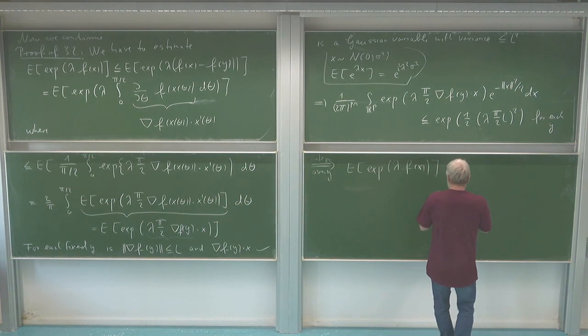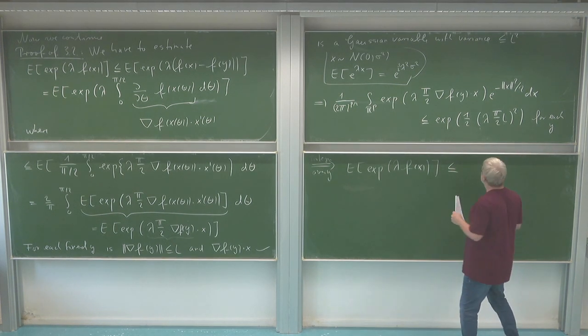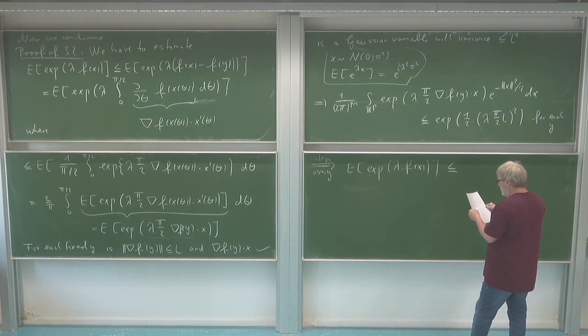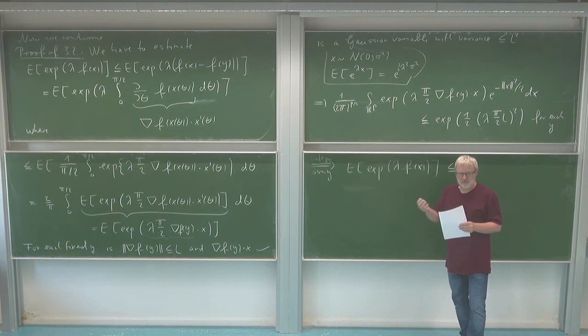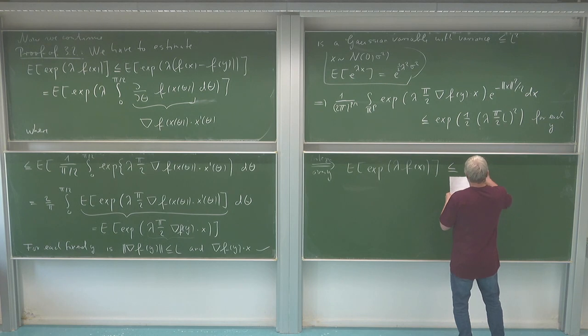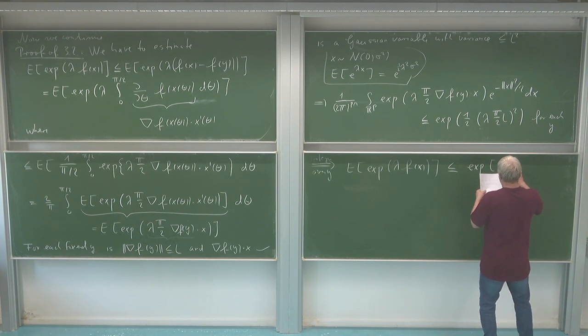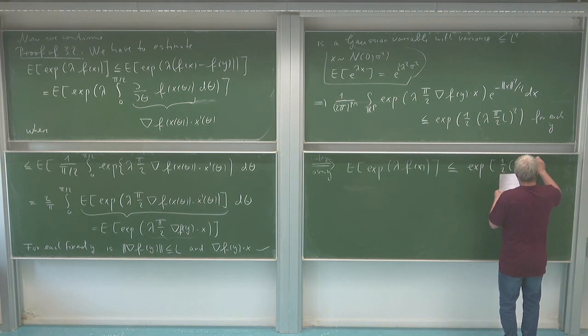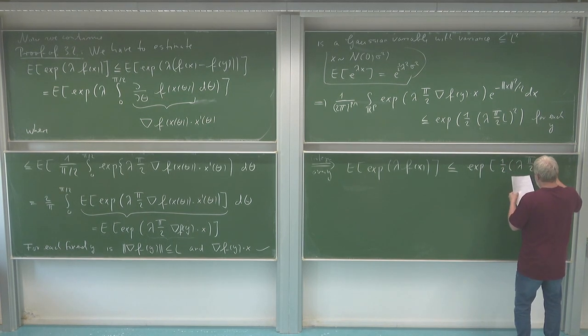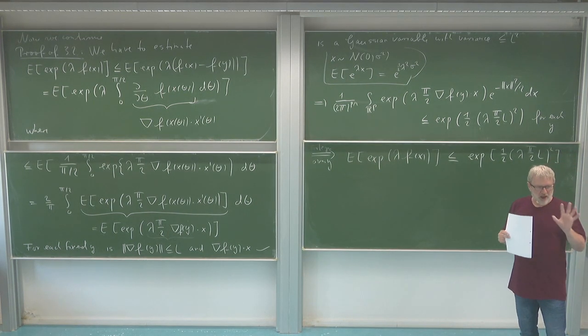Then I just get again this term, because this was for each y. Integrating over y with a probability distribution doesn't change anything. So I get exponential of 1/2 lambda pi over 2 L squared. Okay, and that's what I was after.